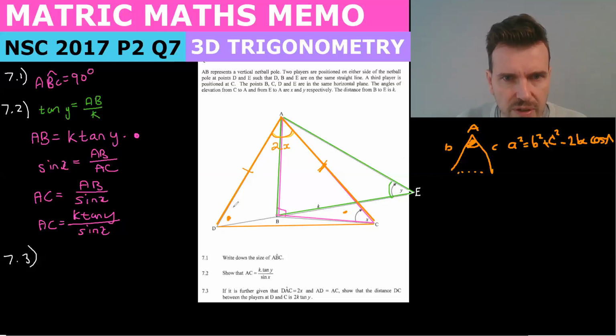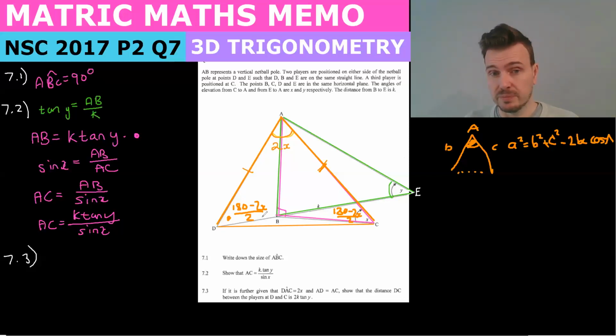Which means this is 180 minus 2x over 2, because this is 2x, which means that these two together will be 180 minus 2x. And because they're the same, they're going to be both 180 minus 2x over 2. So I'm going to start that, and then I'm going to use the sine rule. So I'm going to show you how to do that.